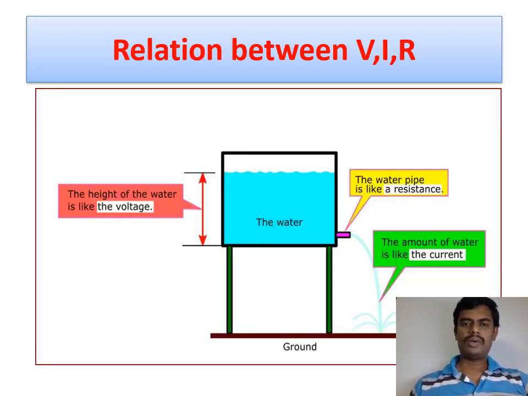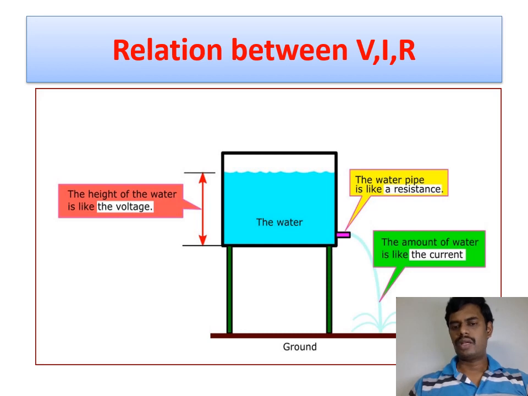If you observe this clearly, this gives a clear view of voltage, current and resistance. Here water is at some particular height, which can be treated as the voltage, because it has some force because of gravitational force. Here you have a pipe, and based on the adjustment of the valve, the flow of water occurs. This water has some energy.